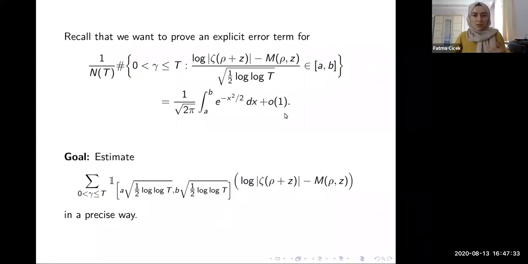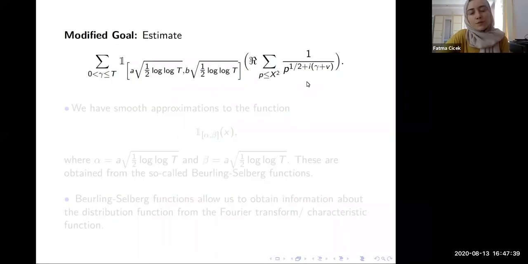So I will just tell you how to precisely estimate this. Instead of focusing on our function, the real part of the logarithm with the minus m rho z term, since we have the polynomial approximation, we can just do that for the real part of the Dirichlet polynomial. We're allowed to do that using the polynomial approximation.